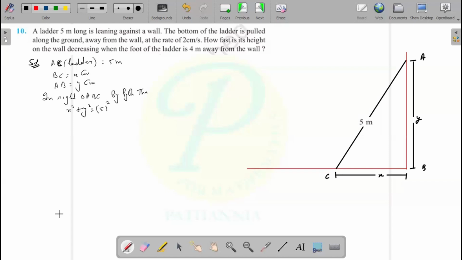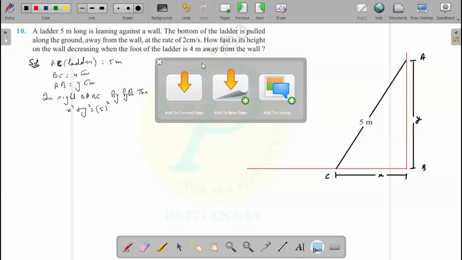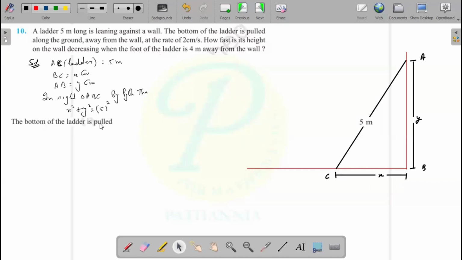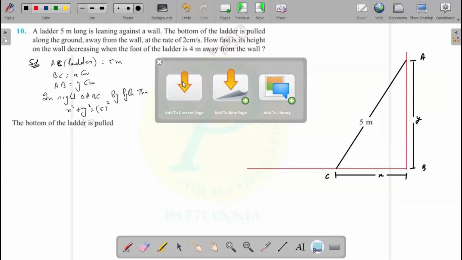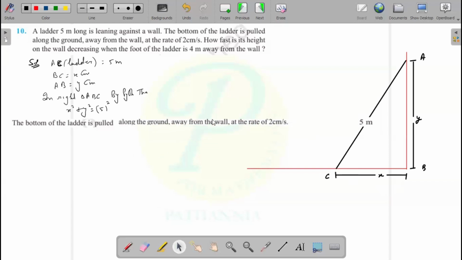क्या क्या गिवन दे रखा हुआ है वो आपको इसमें पढ़ना है। He says the bottom of the ladder is pulled along the ground away from the wall. This bottom is pulled along the ground away from the wall.